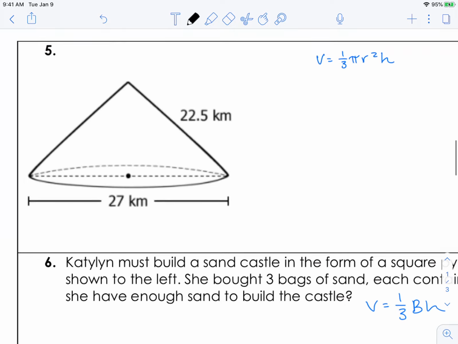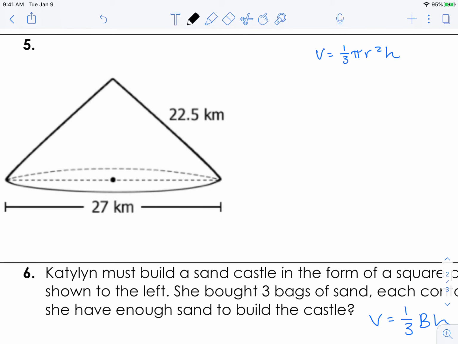All right, number 5. So instead of giving us the radius, they give us the diameter. So our radius is just half of that, which is 13.5. And then they give us the slant height and not our actual height. So I'm going to have to draw in my regular height. And again, that creates a right triangle where you can use Pythagorean theorem. Okay, so we're going to call this my h. This is 13.5 because that's a radius.